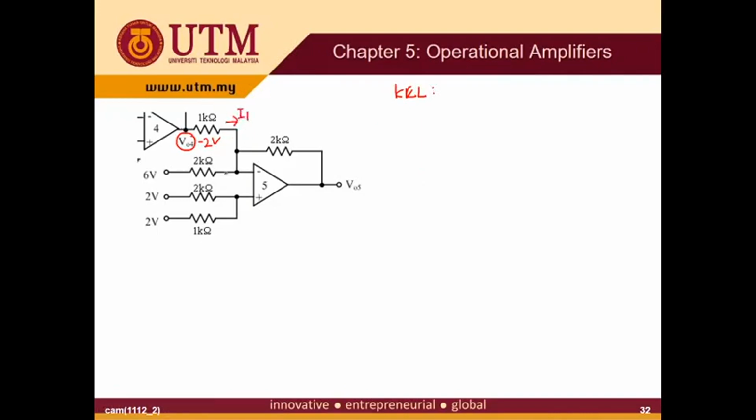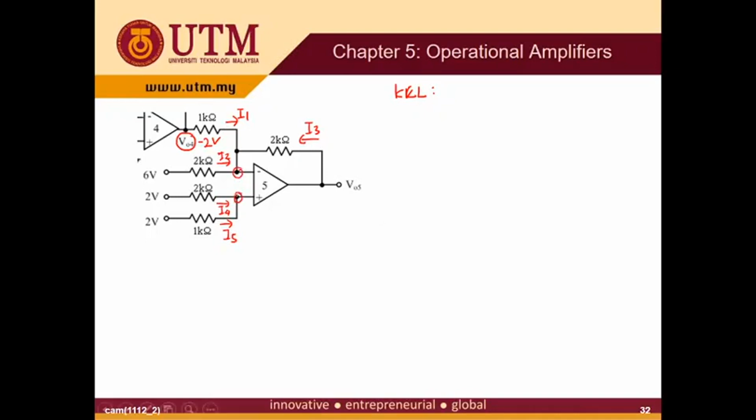This is I1, I2, I3, I4, I5. Okay. So we have here two nodes, this node and this node.